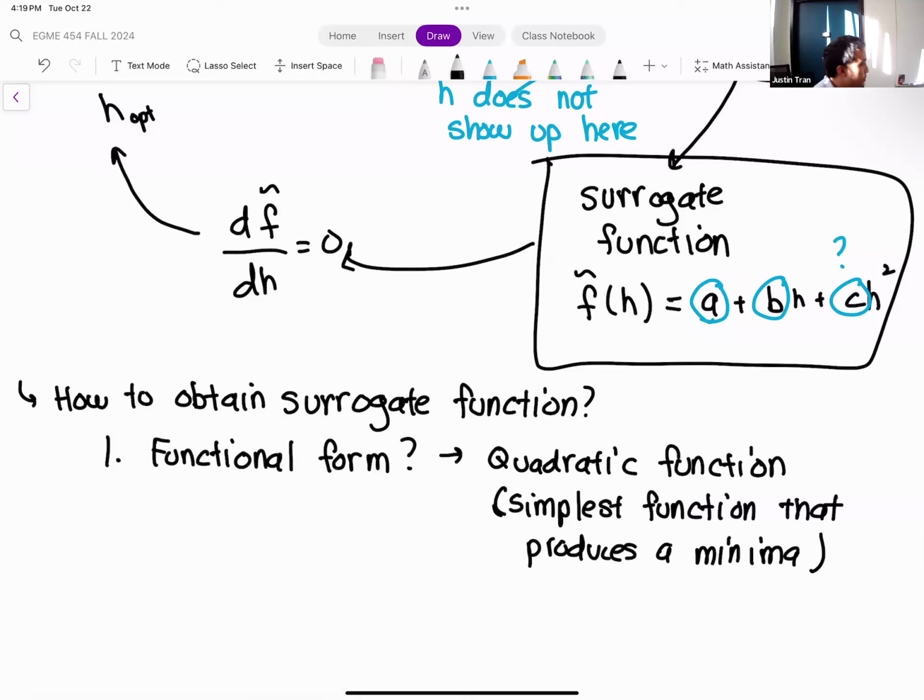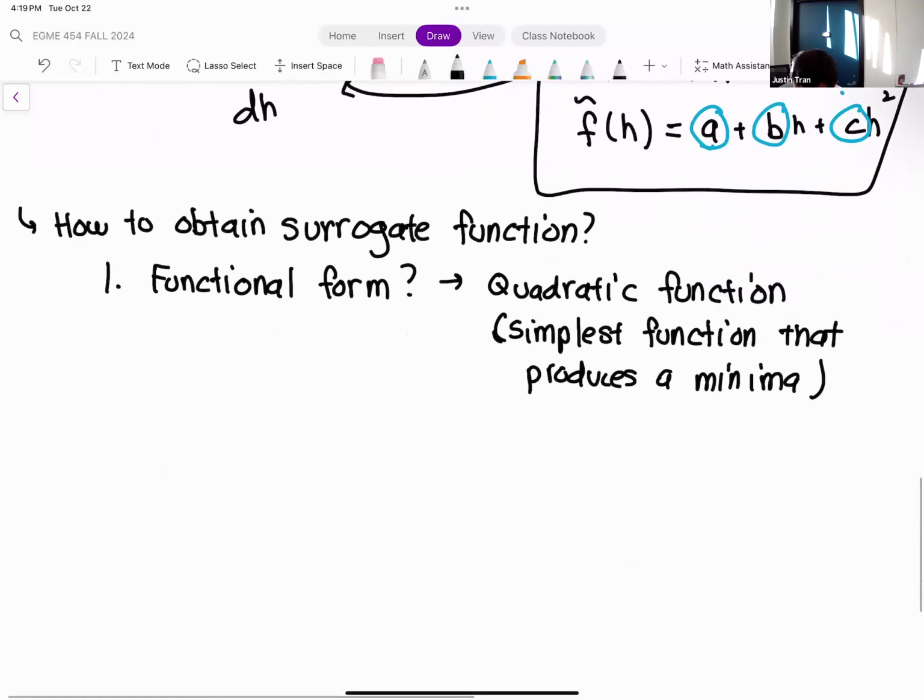I'm just going to say minima for now, because we're going to work under the assumption that we're finding minima here, but a parabola can also reach a max. So that's step one.